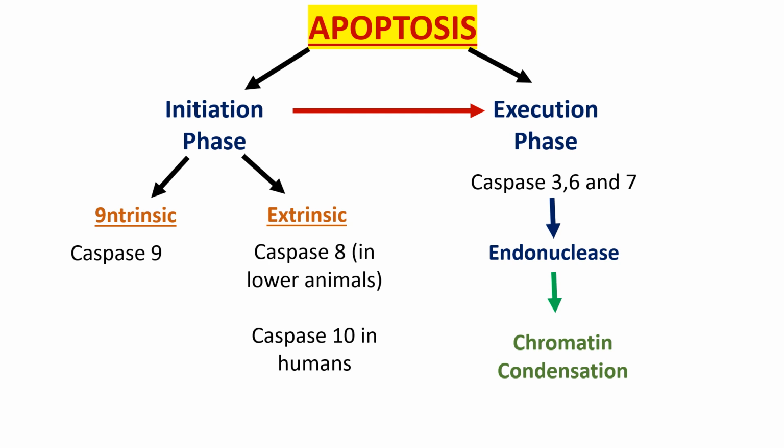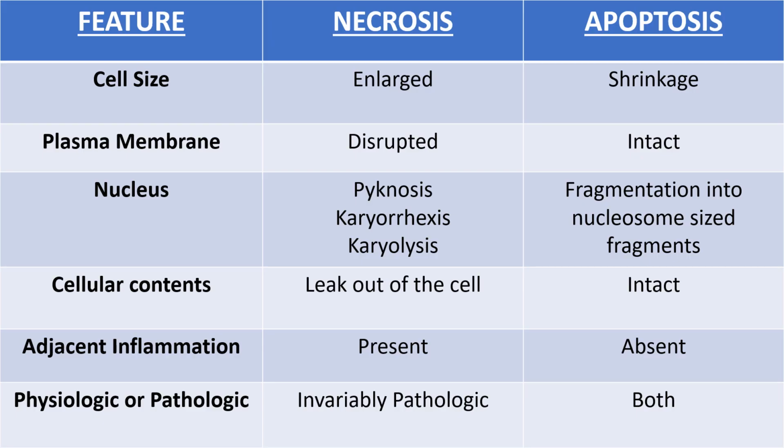Now we have discussed apoptosis in brief as well as in detail. We have discussed the pathways in detail, and we have discussed it in brief. Now let's talk about the morphology of apoptosis. I have made a table to differentiate between necrosis and apoptosis. That's how you can easily memorize the morphology of both necrosis and apoptosis.